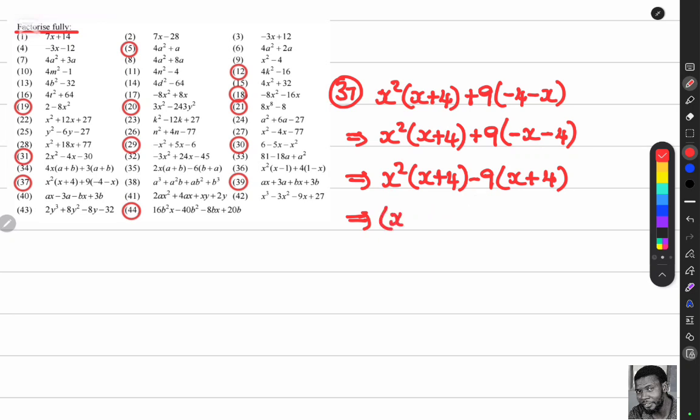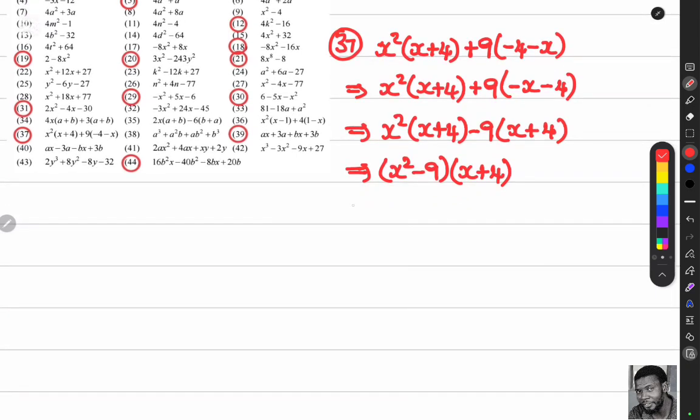You're going to have x squared minus 9 into x plus 4. Furthermore, this will be x minus 3, x plus 3 as we conclude, and x plus 4. That's what we're going to have.